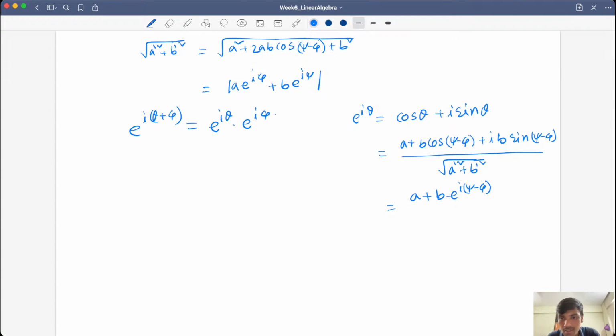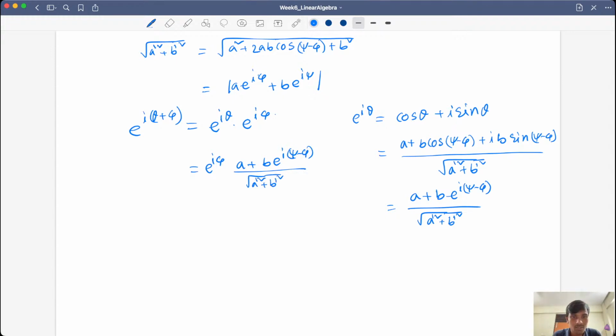So now I get e power i phi, like I first wrote, and then a plus b e power i psi minus phi by root over a prime square plus b prime square, right?